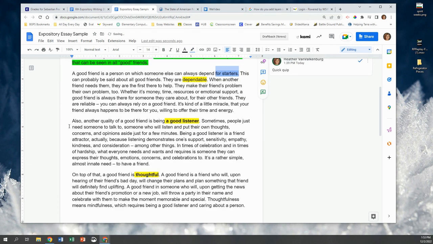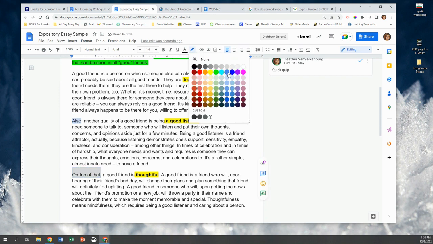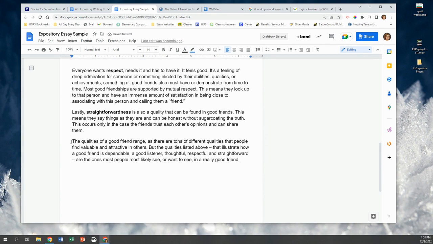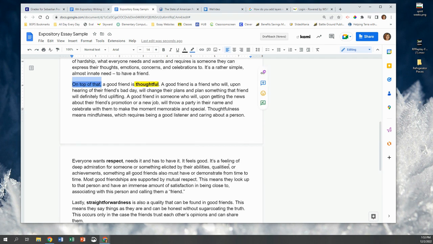There's going to be a transition going into your second aspect, and there's going to be a transition going into your third aspect, and there may or may not be a transition going into your conclusion. I kind of like it when there isn't a transition. No one wants to read in conclusion. However, you can do that if you'd like.